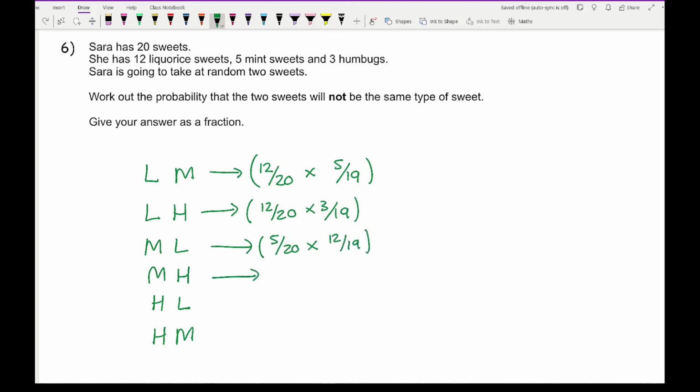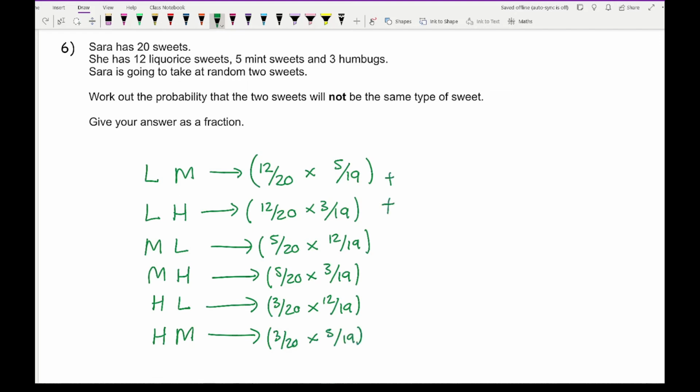And then mint and humbug is going to be 5 over 20 times 3 over 19. Humbug and licorice is going to be 3 over 20 times, oh no, that should be a 12 over 19. And finally, for humbug and mint, it's going to be 3 over 20 times 5 over 19. And what I then want to do is just simply add all of those up.